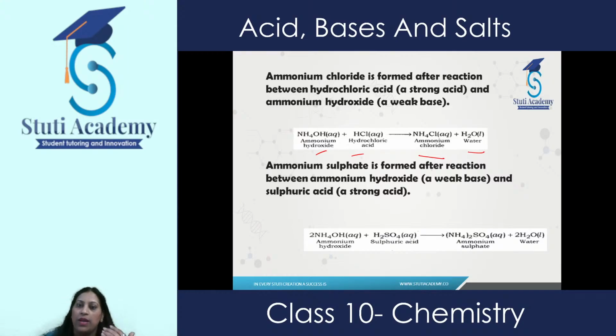It depends on whether it is a strong acid or weak acid, or a strong base or weak base. Whatever strong substance is present shows its effect, and on the basis of that, the salt is produced. If we take a strong acid, then an acidic salt is produced. If we take a strong base, then a basic salt is produced.